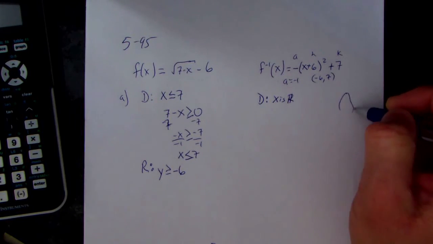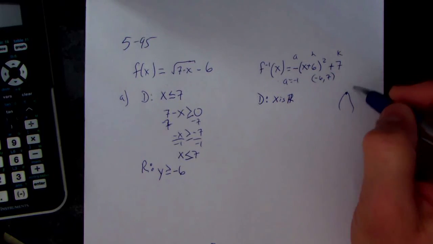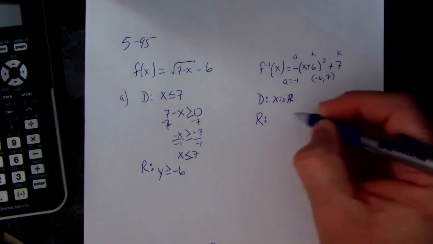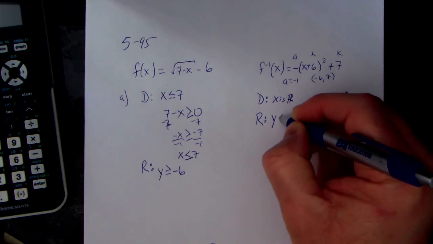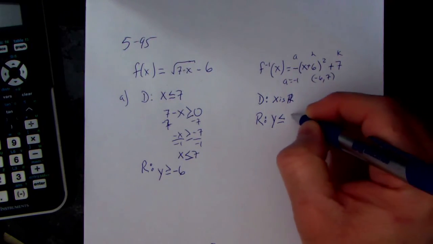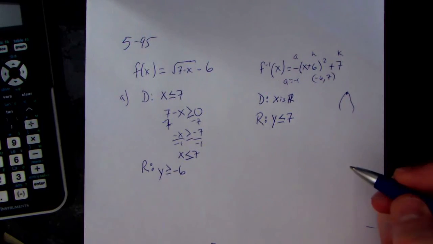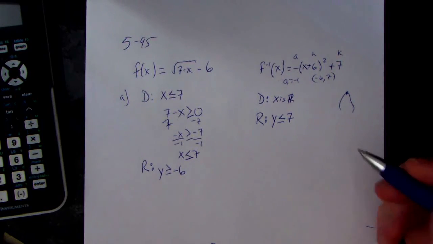So it's doing something like that, which means that this vertex is the highest point that this can be. So then your range is going to be y less than or equal to 7.